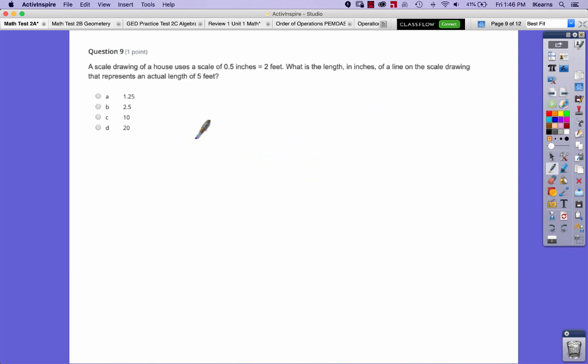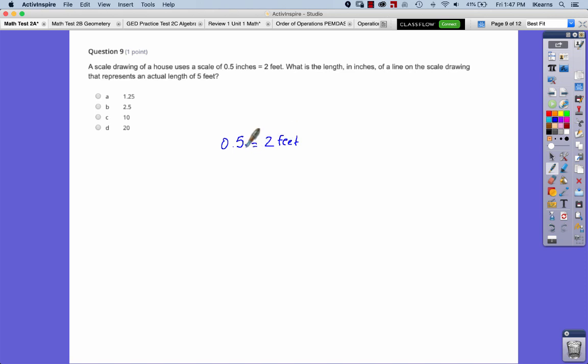Alright, number 9. A scale drawing of a house uses a scale where 0.5 inches equals 2 feet. So you've got 0.5 inches equals 2 feet.